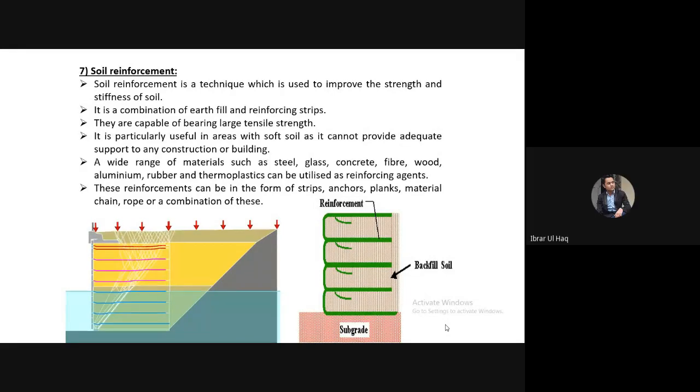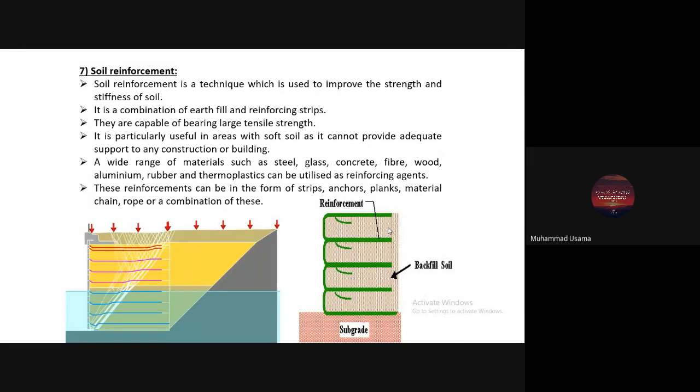Yes, clear. The next ground improvement technique included in this presentation is soil reinforcement. Basically, the soil reinforcement technique is installing reinforcement bars in the soil. They may be steps, bars, or any other anchors, planks, etc. So it is the combination of the earth fill and the reinforcing steps.